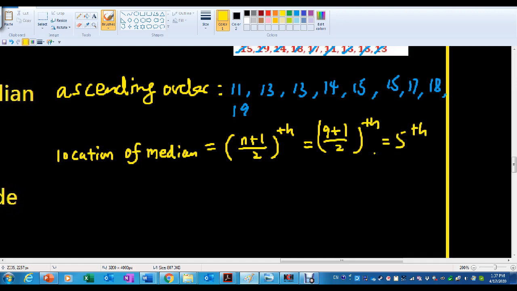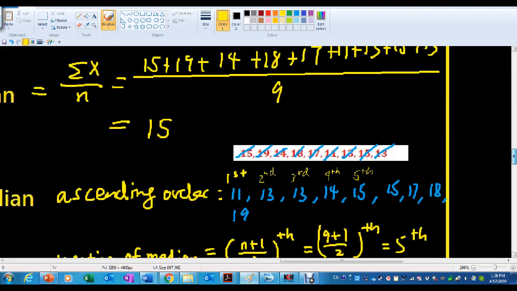You can't say the median is 5 because that's not the value; it's what we call the location. Location means the position or order of the data which will give you the median. So where is the 5th one? That's first, second, third, fourth, 5th. The 5th data is actually 15, so the median is 15.